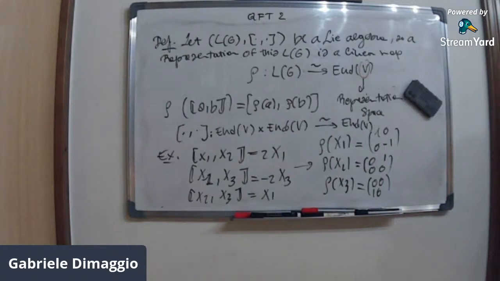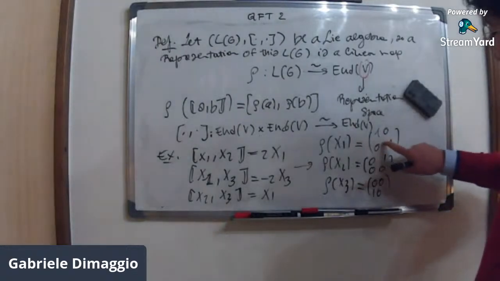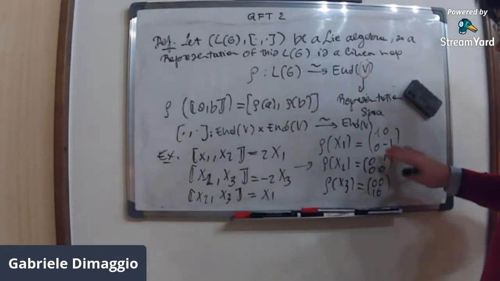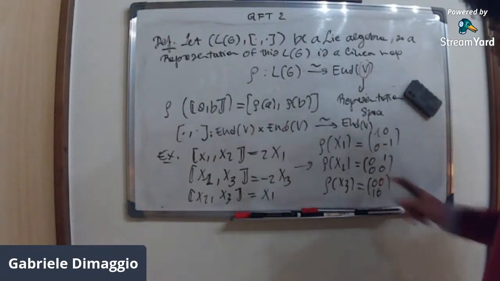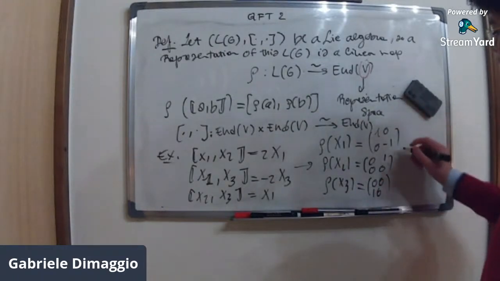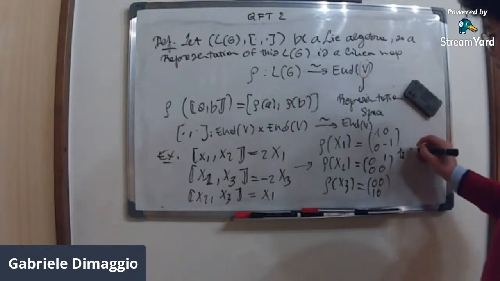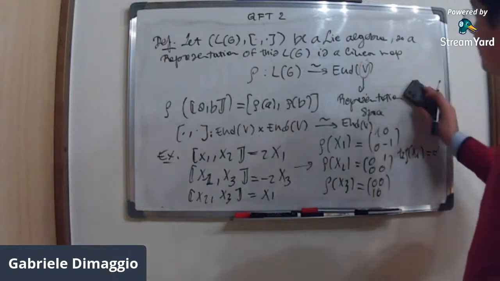Perfect. So here I have 1 plus minus 1 is equal to 0, 0 plus 0 is equal to 0, and 0 plus 0 is equal to 0. So this means that the trace of every representation rho xi is equal to 0.